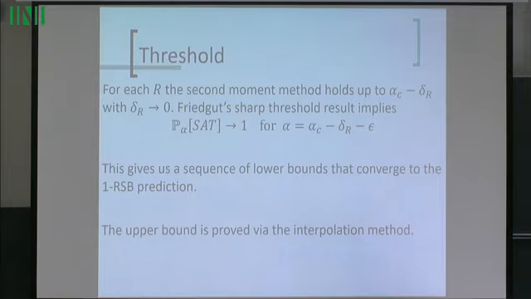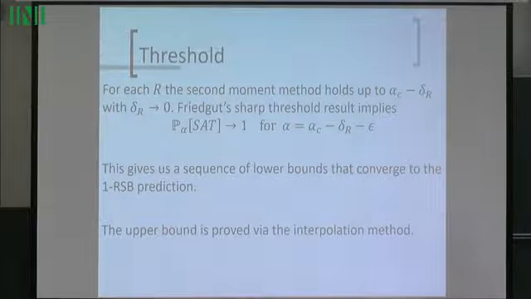The upper bound can be proved using a version of the interpolation argument that I talked about yesterday. Essentially, the interpolation method gives an upper bound on the threshold in terms of taking some infimum over some measures, and if you know the right predictions to make, you know what measure to plug into the infimum, and you get the right bound.